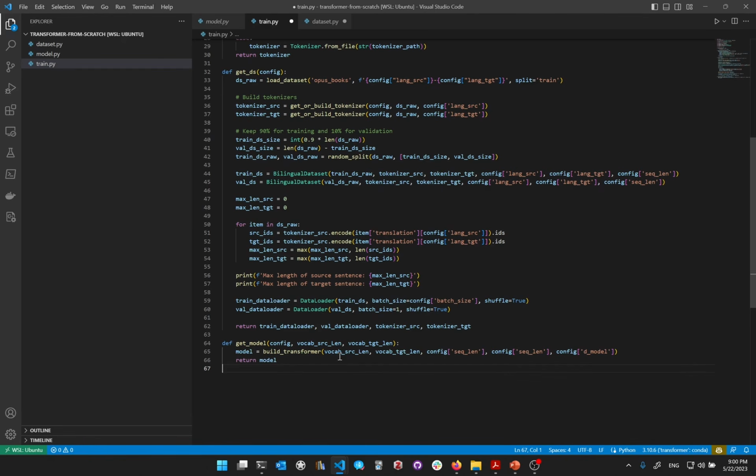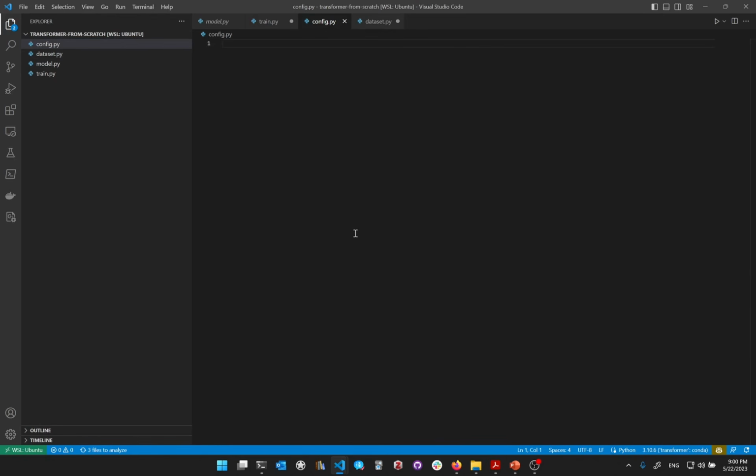But before we build the training loop, let me define this configuration because it keeps coming up, and I think it's better to define the structure now. So let's create a new file called config.py, in which we define two methods. One is called getConfig, and one is to get the path where we will save the weights of the model.